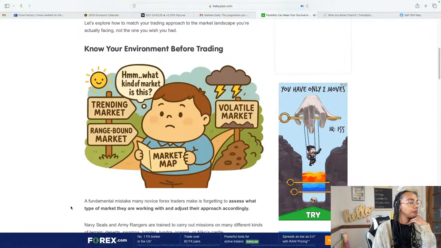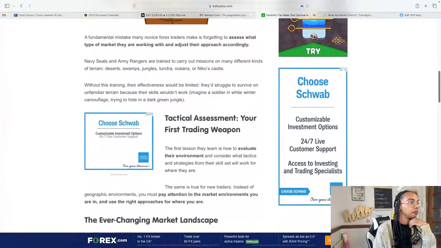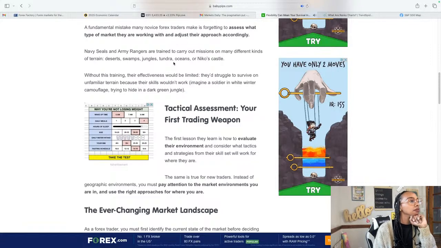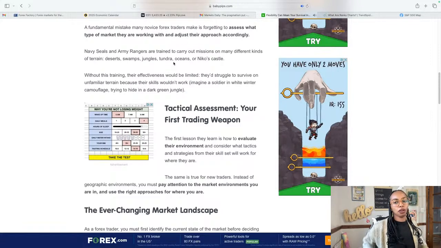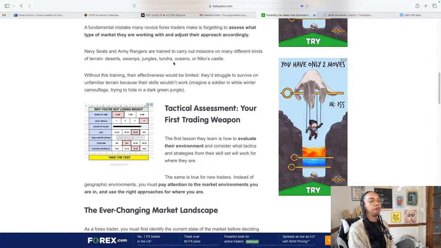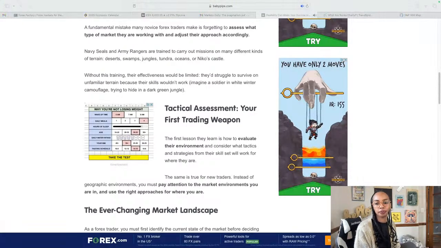A fundamental mistake many novice Forex traders make is forgetting to assess what type of market they are working with and adjust their approach accordingly. Navy SEALs and Army Rangers are trained to carry out missions on many different kinds of terrain: deserts, swamps, jungles, tundra, oceans. Without this training, their effectiveness would be limited. They'd struggle to survive on unfamiliar terrain because their skills wouldn't work. Imagine a soldier in white winter camouflage trying to hide in a dark green jungle.